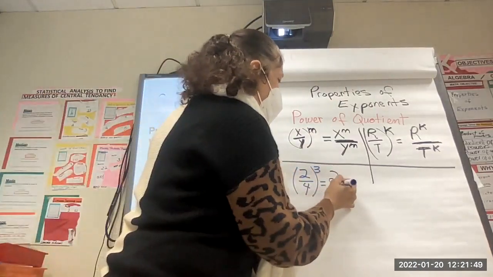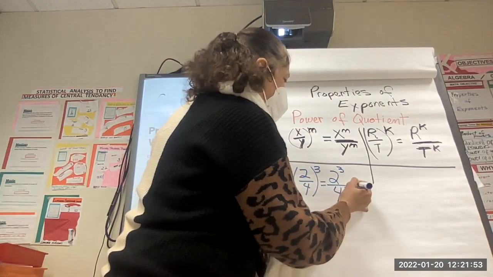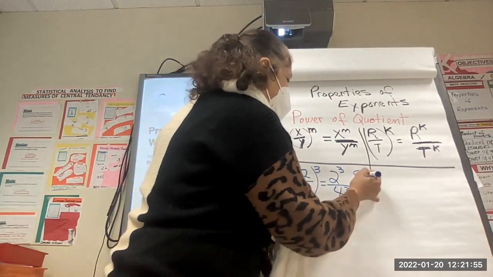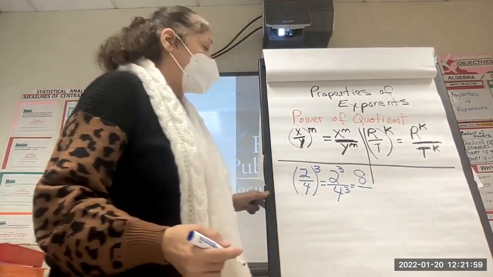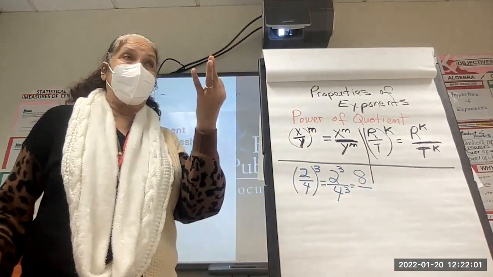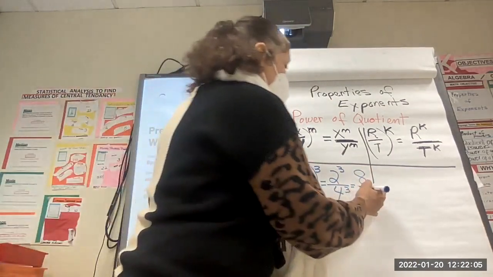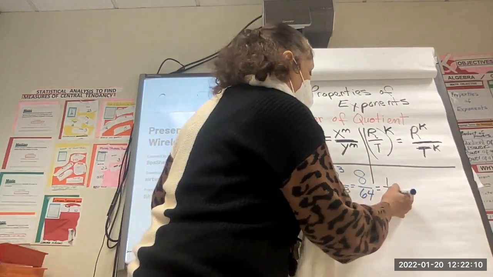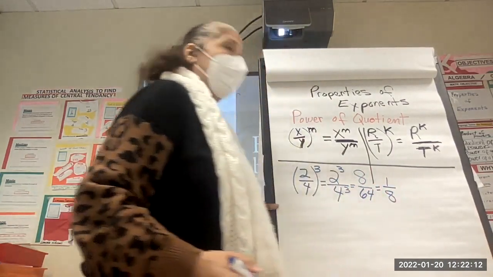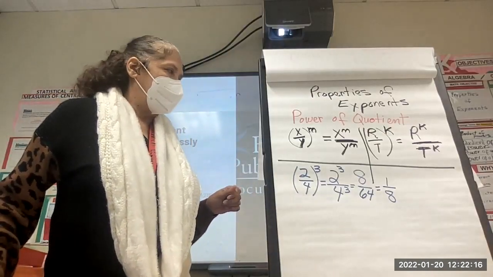So that would be 2 to the third divided by 4 to the third. 2 to the third is 8, because 2 times 2 times 2 is 8. And 4 to the third is 4 times 4 is 16 times 4 is 64. So that's 8 divided by 64, and this one can reduce to 1/8. Okay, because we always reduce our answers.